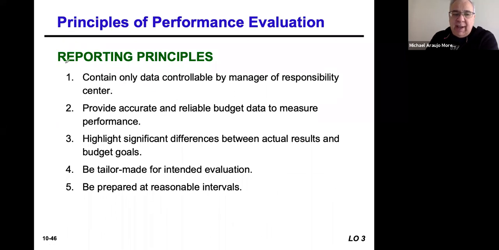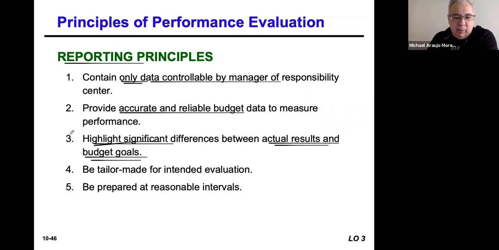So again, some of the principles regarding the reporting: the data has to be controlled by the manager of the responsibility center. That's the only data that should be part of the evaluation. Really important to provide accurate and reliable budget data so you can actually measure things substantially. It's very important to highlight the differences between the budgeted goals and the actual results.